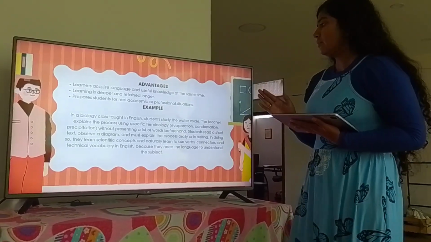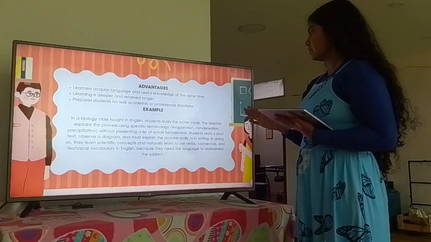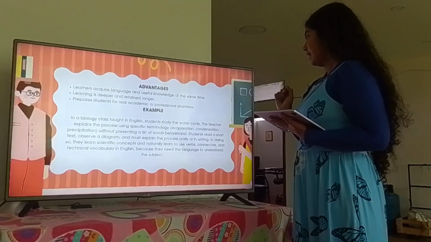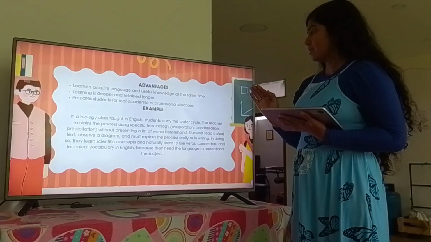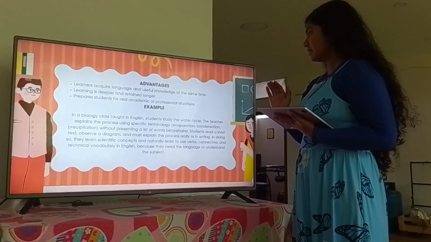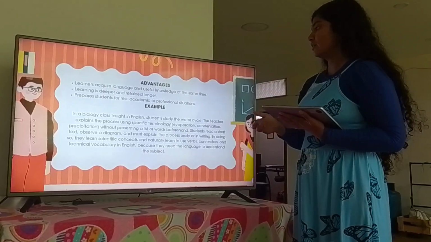Example. In a biology class taught in English, the students study the water cycle. The teacher explains the process using specific terminology: evaporation, condensation, and precipitation.